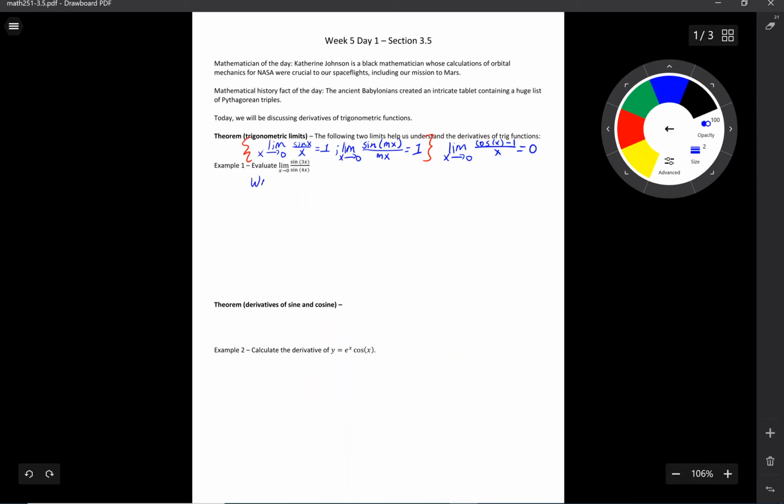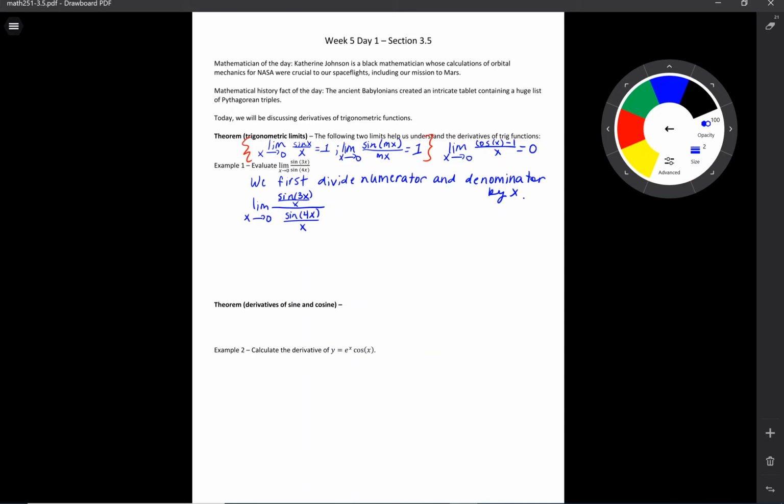So this gives me the limit as x goes to 0 of sine of 3x over x divided by sine of 4x over x.